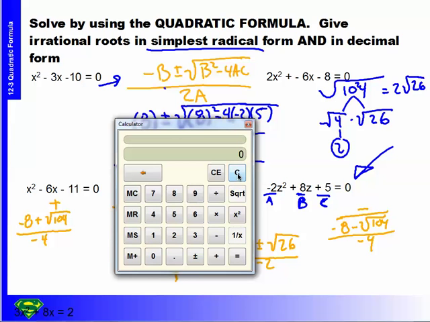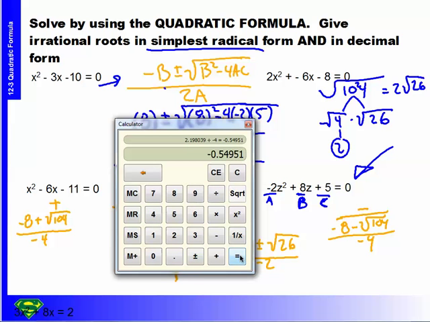So let's go ahead and figure this out. The square root of 104 is 10.19. I'm going to keep those decimal places for a while, and I'm going to add to it -8. And so I get 2.198 blah blah blah. I'm going to divide that by -4.